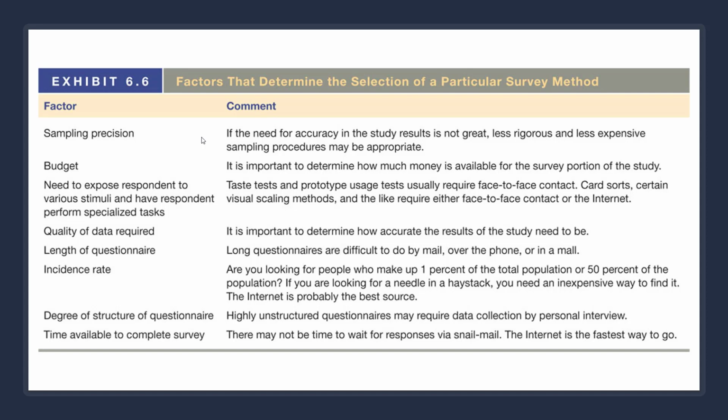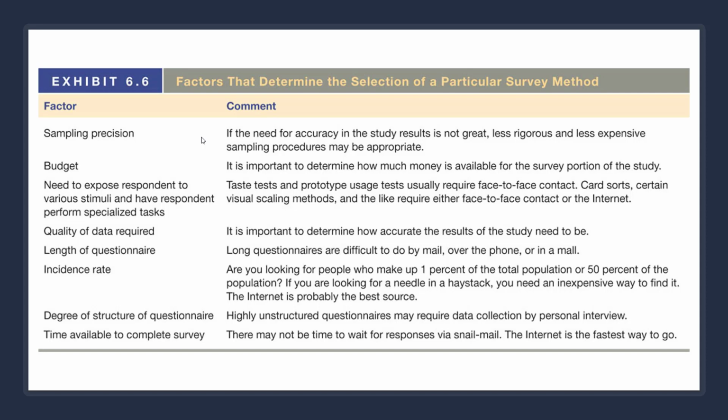Next factor is incidence rate. The idea of incidence rate is what percentage of people you have in a particular population. Let's say you want to do a survey on Native American students among Cal State Fullerton. That's going to be very hard to do because it must be less than 1% of Cal State Fullerton students are Native Americans.